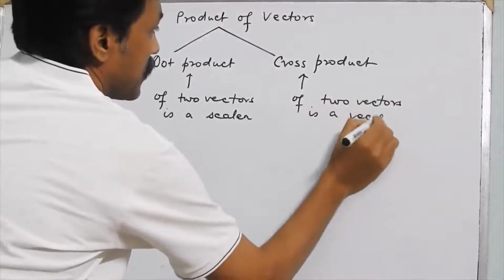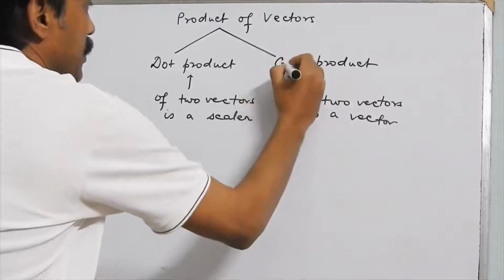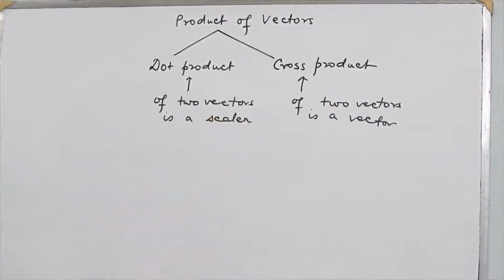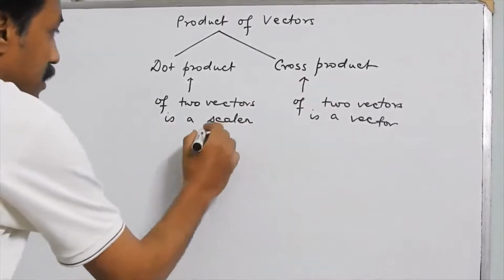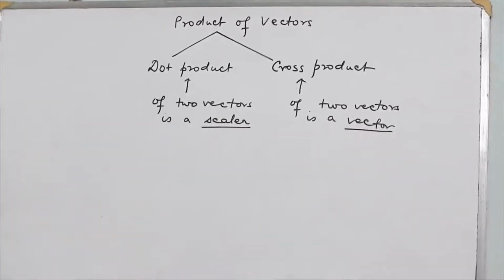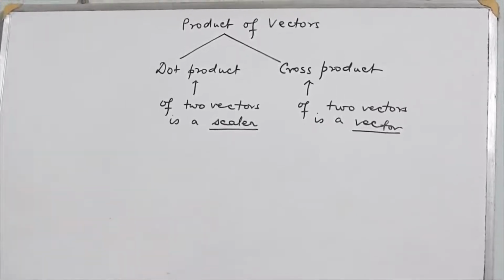Is a vector. Now in vector algebra, 2 vectors, if they are multiplied, can produce a scalar, and if 2 vectors are multiplied, they can produce a vector also. Also, it is possible that if we multiply a scalar with a vector, we will get another vector.